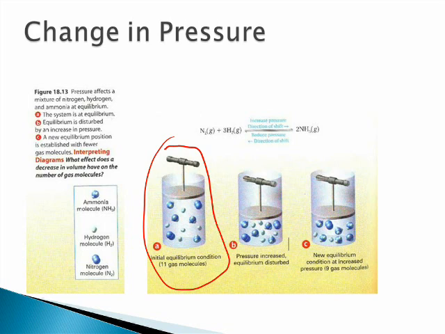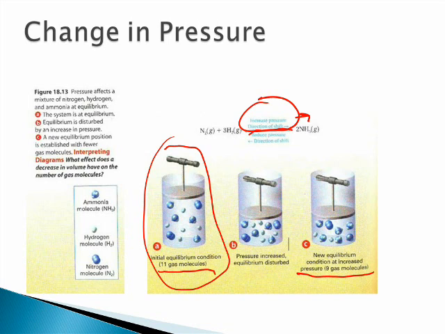The key thing here is before there were 11 gas molecules, and now we have 9 gas molecules. The increased pressure caused the shift to fewer gas molecules, because if you have fewer molecules of gas, it'll have less pressure.